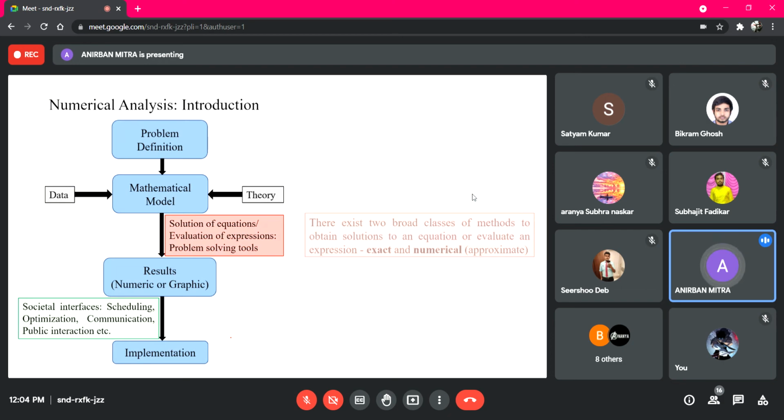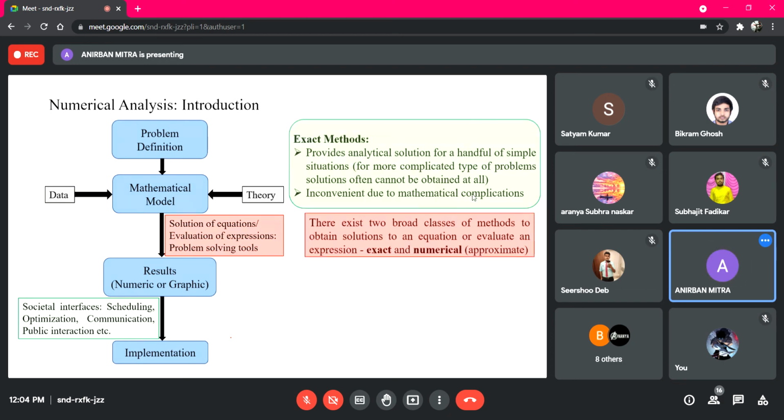What are the exact methods? They provide analytical solutions, but only for a handful of very simple categories of problems. For complicated problems, solutions are often not available at all.